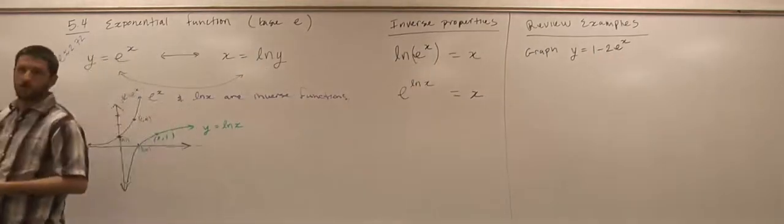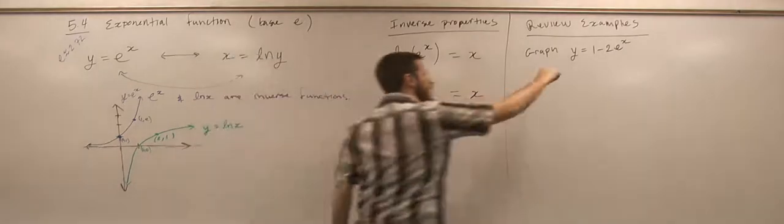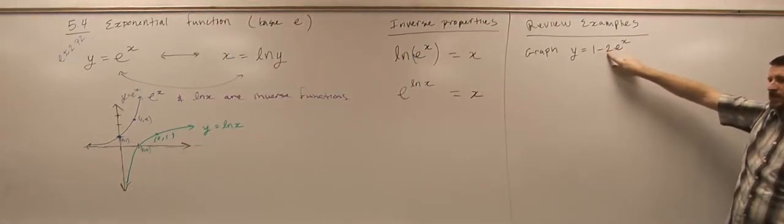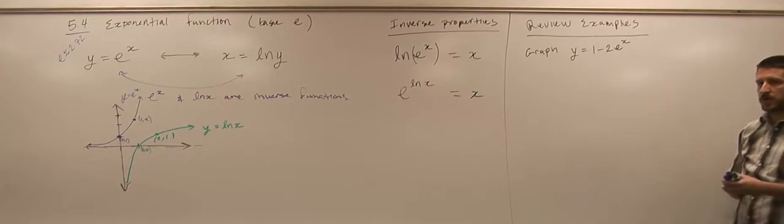Start with the e to the x one. So this is your e to the x graph. e to the x always looks like this forever. All I'm doing is multiplying by -2 and then adding 1. So you have two things to account for, this multiplication by -2 and this +1.